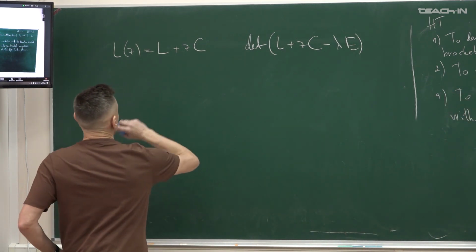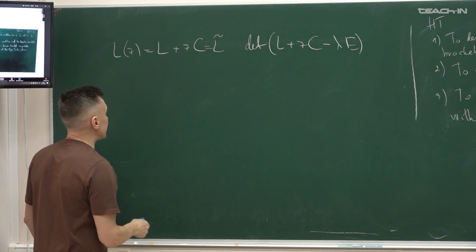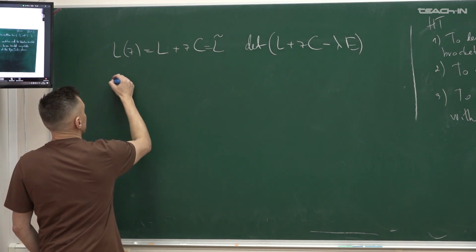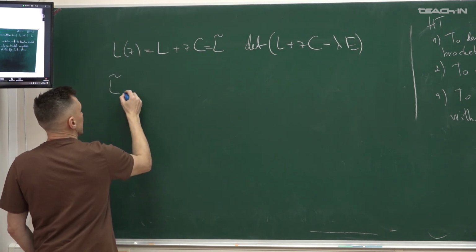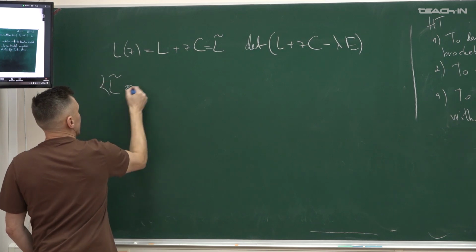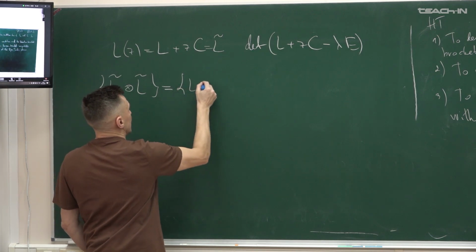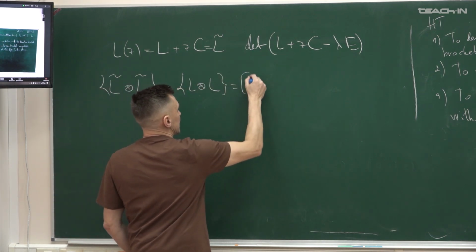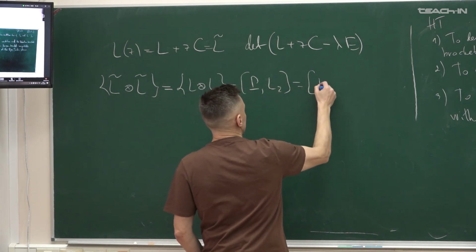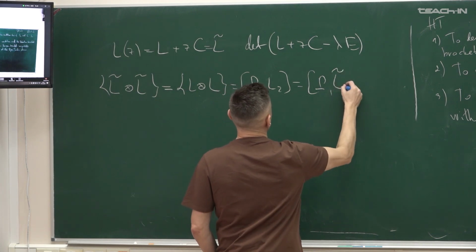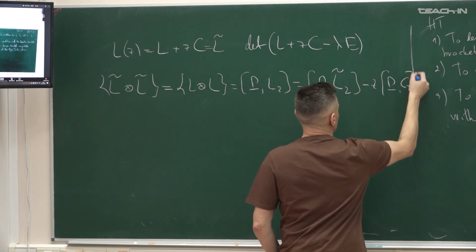So to do this, I denote this by L tilde just for simplification, and then I calculate the following thing, that L tilde Poisson bracket with L tilde is just L with L, so it is P L2, but I'd like to write it as L tilde 2 minus Z P C2.